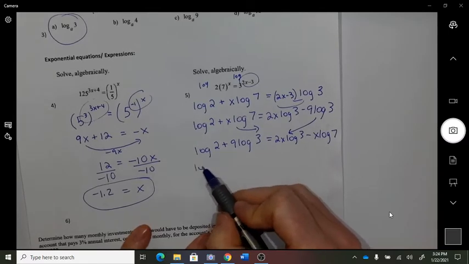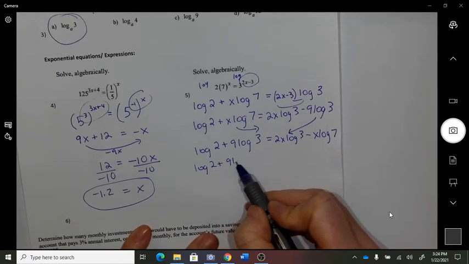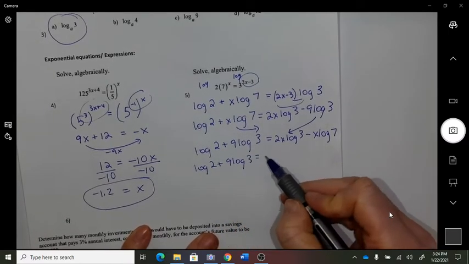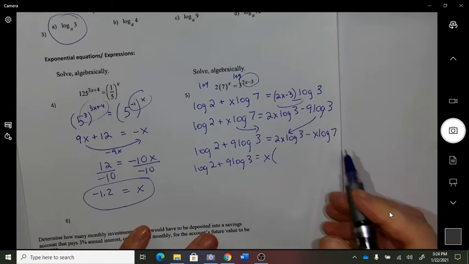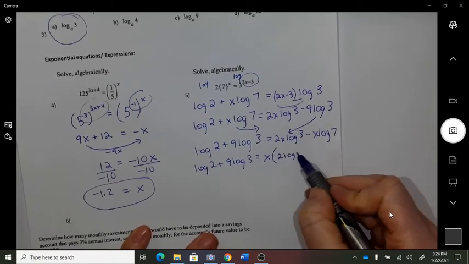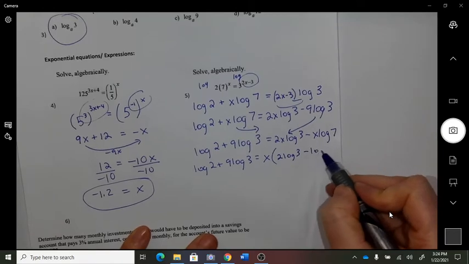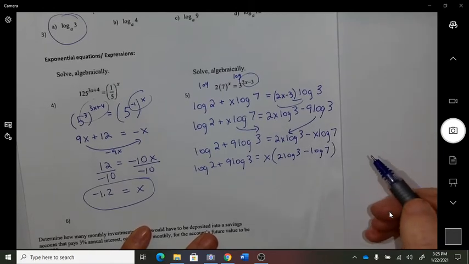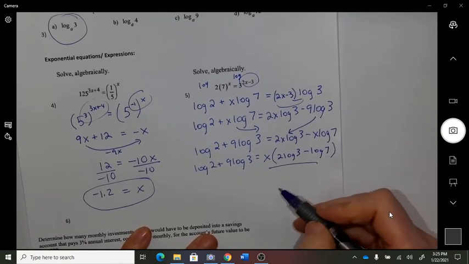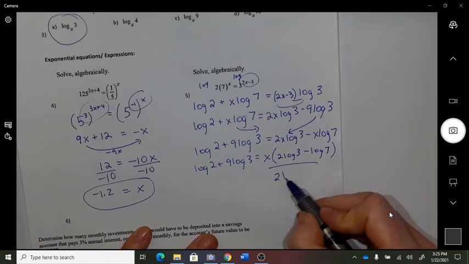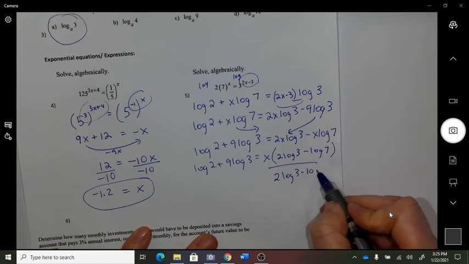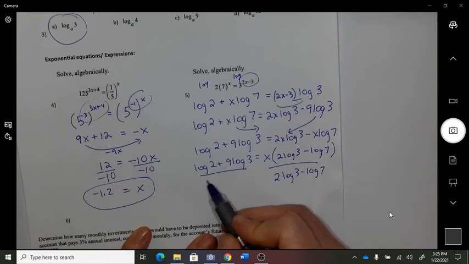Okay, I am now going to work with the x side and factor out an x. So 2 log 3 minus log 7. Just recording. And then I'm going to divide to isolate the x.